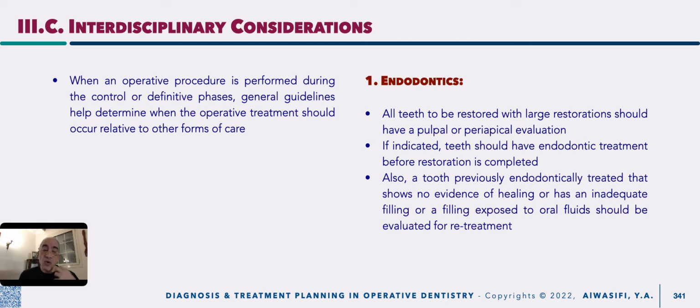Who will prepare the case for the other discipline? Whose responsibility is this treatment? It may be my responsibility, but its success and prognosis is the responsibility of another discipline. That's why we should have guidelines in the definitive phases and control phases in cases of multidisciplinary, comprehensive, complicated cases.